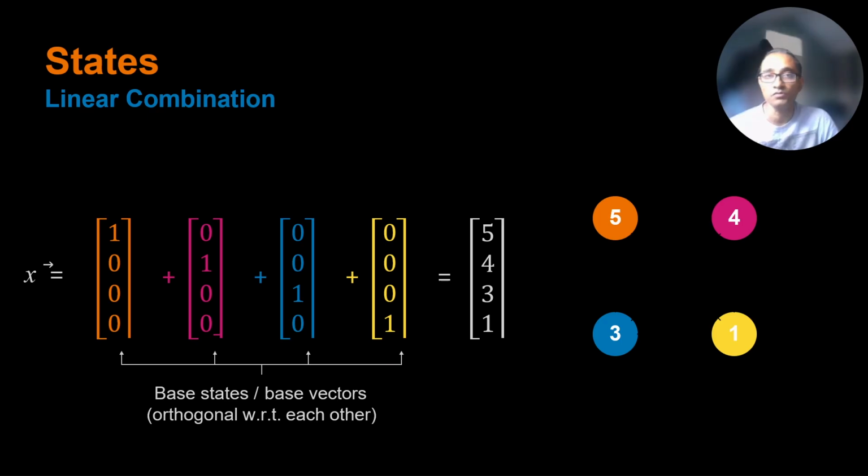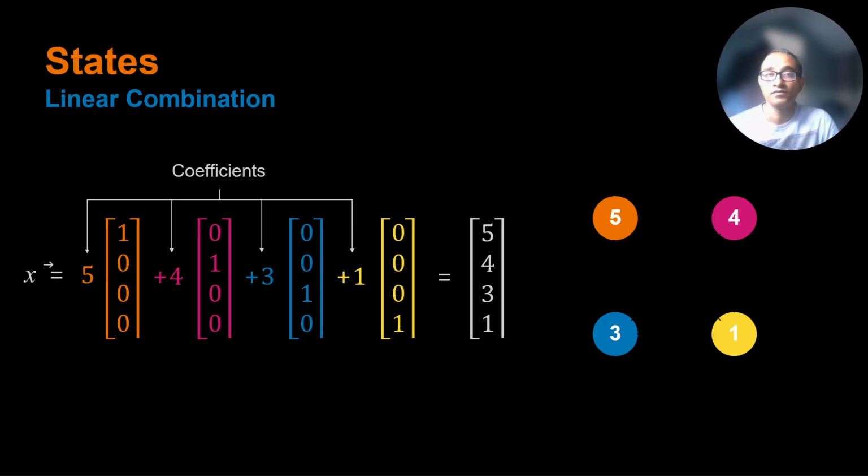It is important to note that the space vectors are orthogonal with respect to each other. And what is orthogonality? We have seen it in the series on linear algebra. So this can be written this way. However, writing this in an extended form is quite cumbersome.